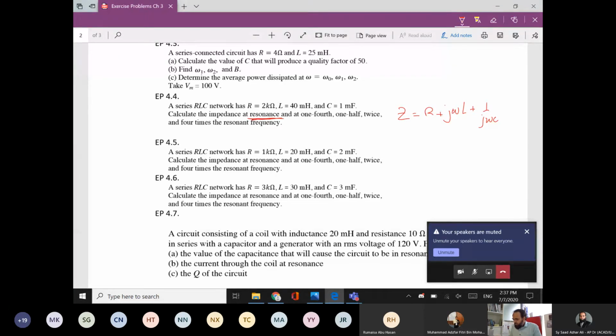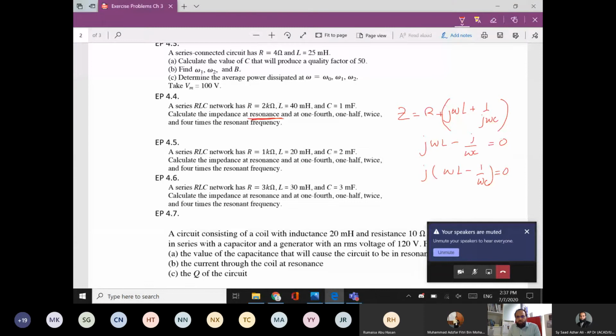At resonance, the reactive part has to be 0. J omega L minus J upon omega C will be equal to 0. Or you can use the formula for omega naught as well. But this is one condition: omega L minus 1 upon omega C equal to 0.